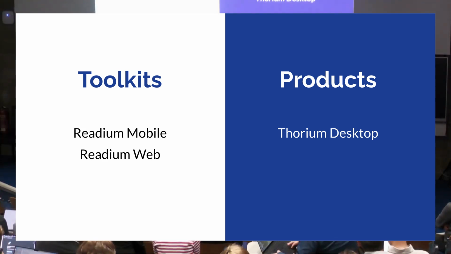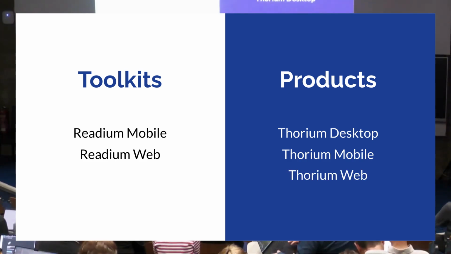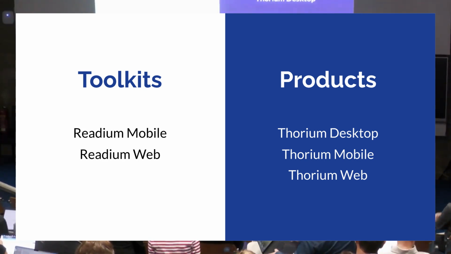And you'll see that Thorium Desktop now has a bunch of friends with mobile and web. So we build the full product using the toolkit, but it takes quite a bit more to build a full product. And so what you're already seeing with this slide is a renewed commitment, not just in building toolkits, but also in building product from EDRLab.